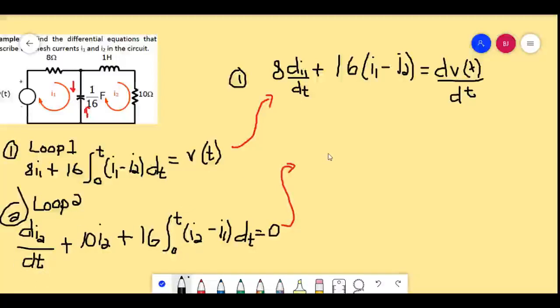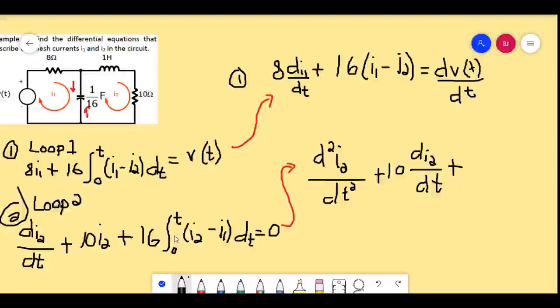So let me differentiate the first one. So this is already differentiated. So we'll have the second derivative of I2 over dt squared. It's the second derivative already. We differentiate this one. So we'll have 10 di2 over dt.